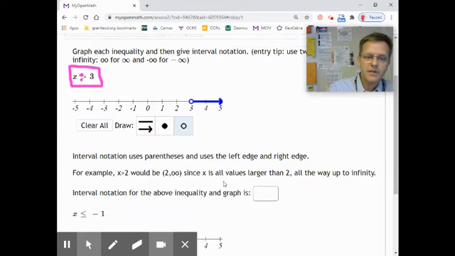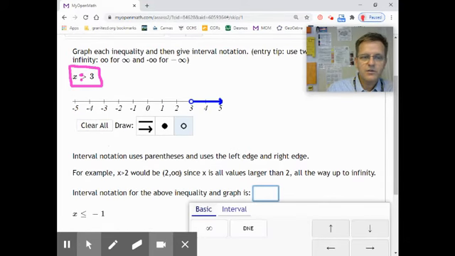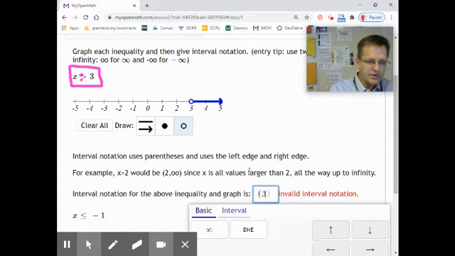It goes forever. Now, if we put this in interval notation, we're going to use parentheses. For example, x is greater than 2 would be parentheses 2 comma infinity, because x is all values larger than 2 all the way up to infinity. Now, in this case, we don't want to include 3, so I'm going to use a round bracket.